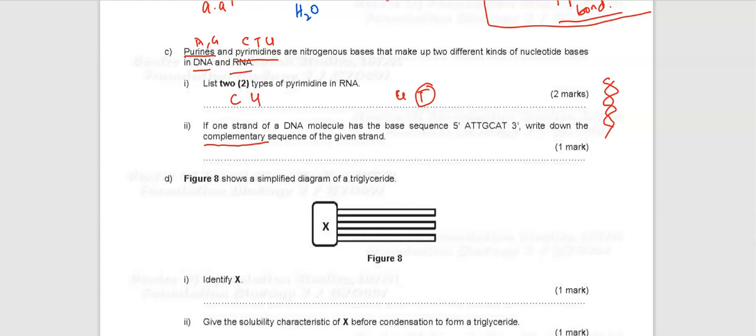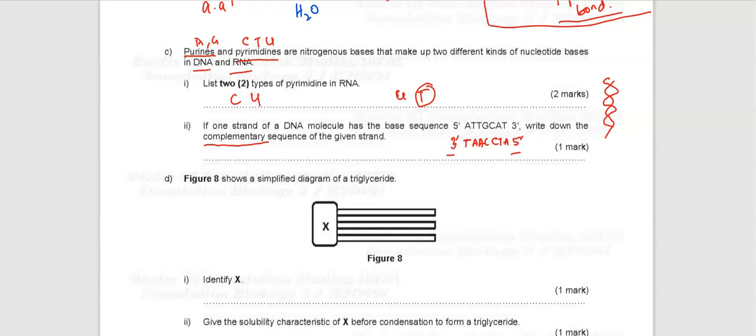So in the second strand here, it will be 3 prime, A pairs with T, A, and then C, G, T, A 5 prime. So remember you have to write the directionality, the number on each end of the strand also.